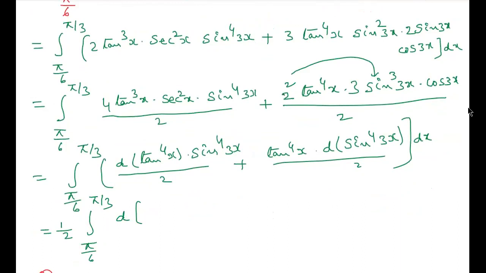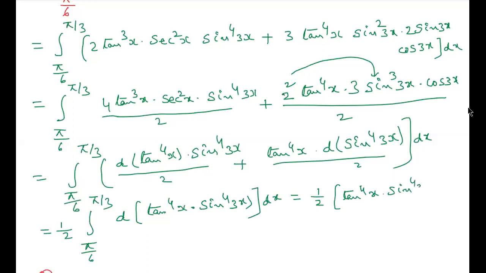Now the derivative and integration are going to cancel. We get 1/2 into tan⁴x into sin⁴3x.